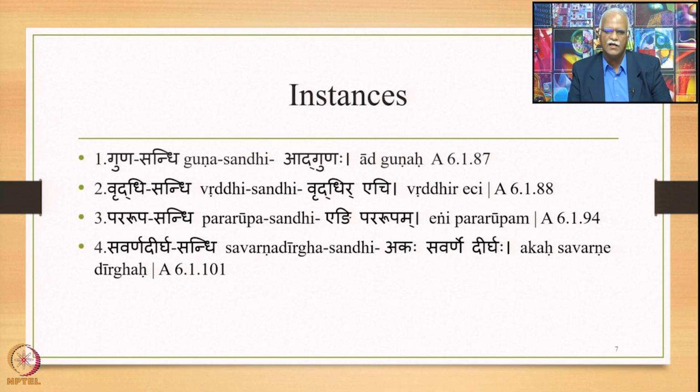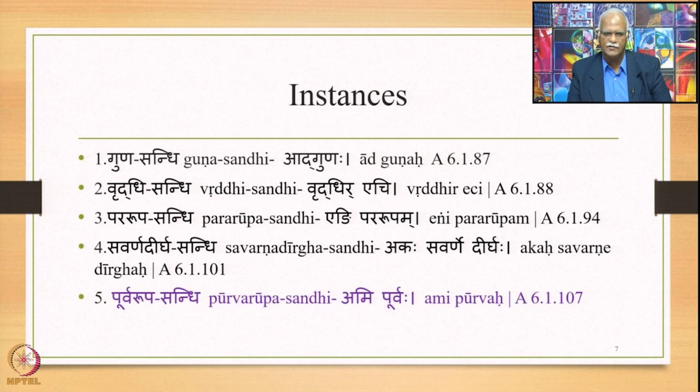Savarna Dirgha Sandhi is the fourth instance stated by the sutra Akassavarne Dirghaha 6.1.101. And finally, Purvarupa Sandhi stated by the sutra Ami Purvaha 6.1.107 onwards. This is what we are going to study in this particular lecture.